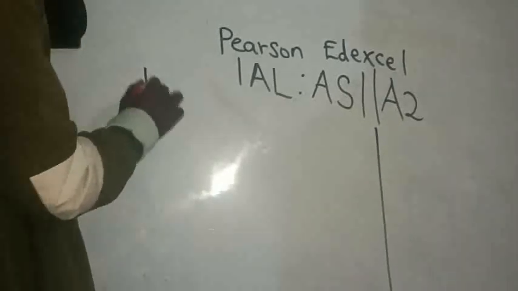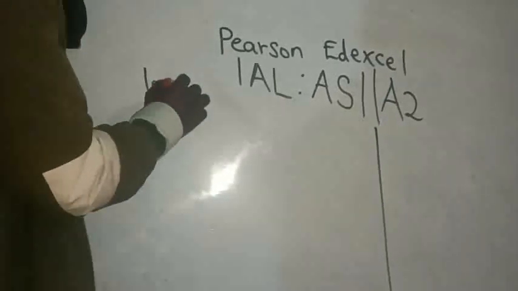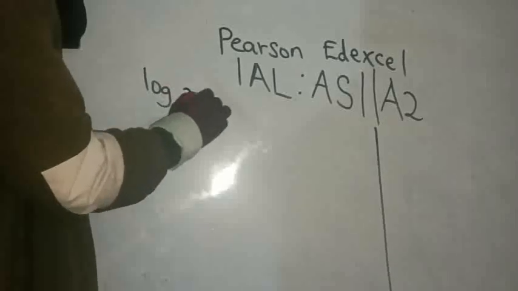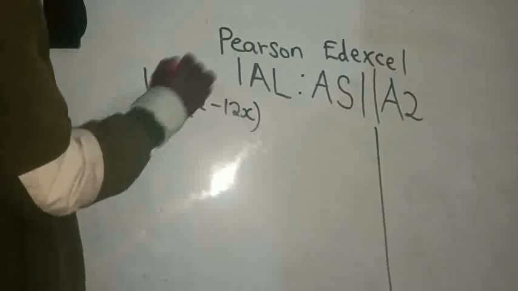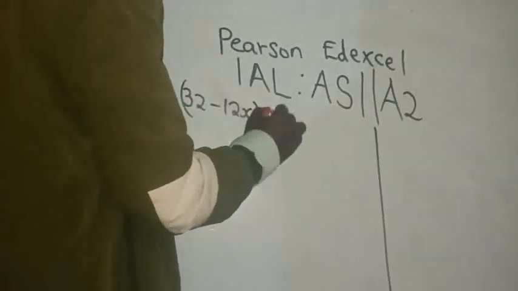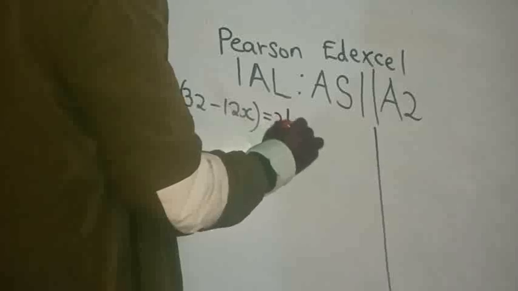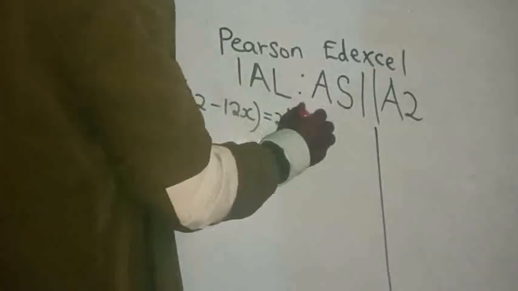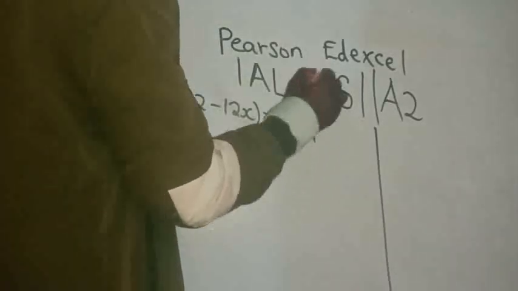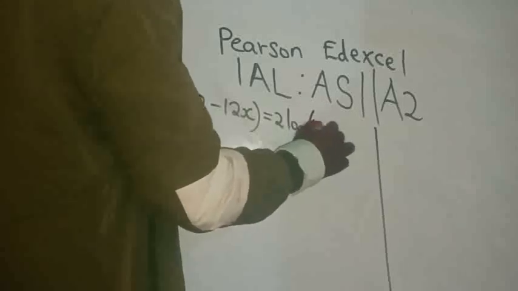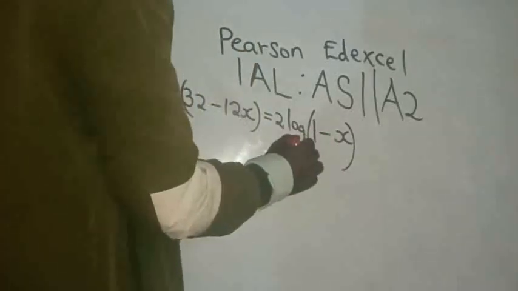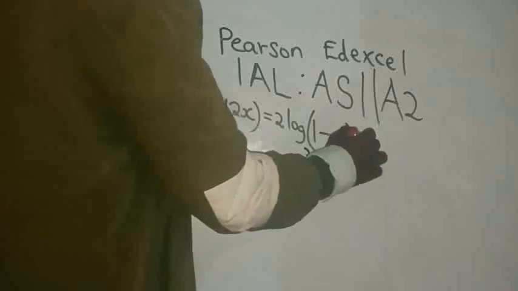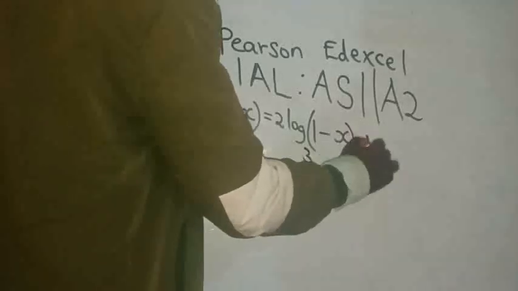The question was log 32 minus 12x, to base 3, should be equal to 2 log (1 minus x), also to base 3, plus 3.